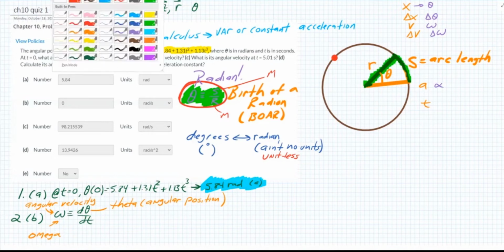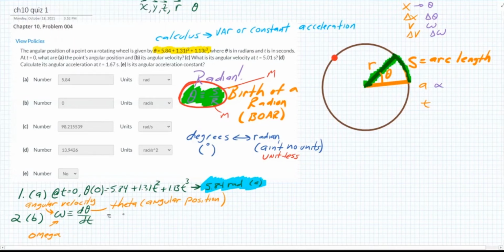Let's take the first derivative with respect to time of my function, 5.84 plus 1.31 t squared plus 1.13 t cubed.